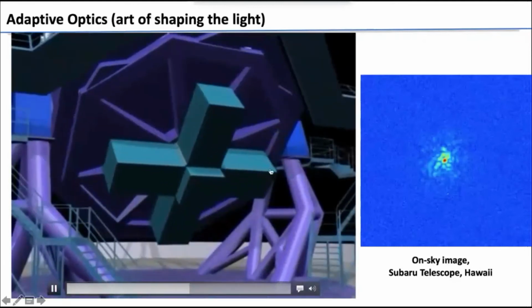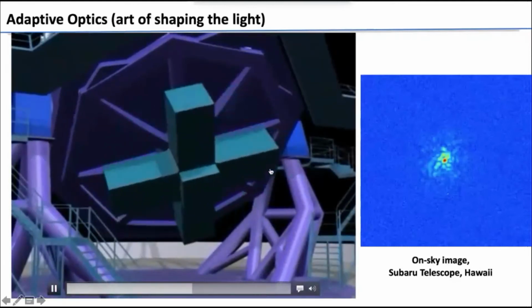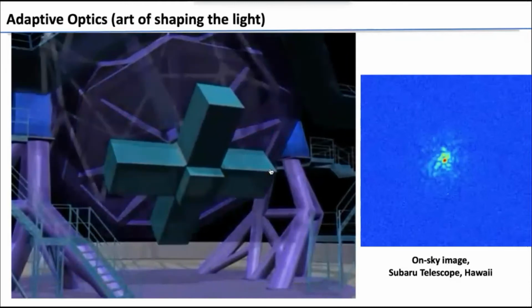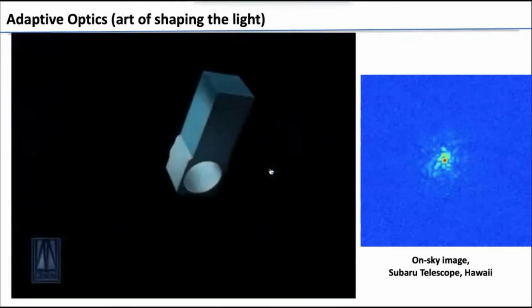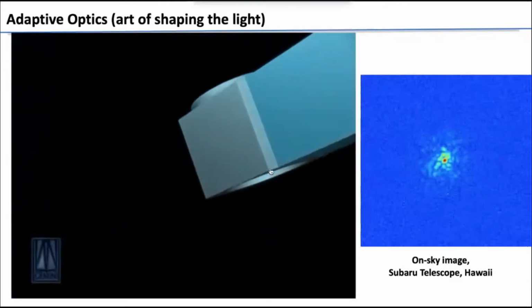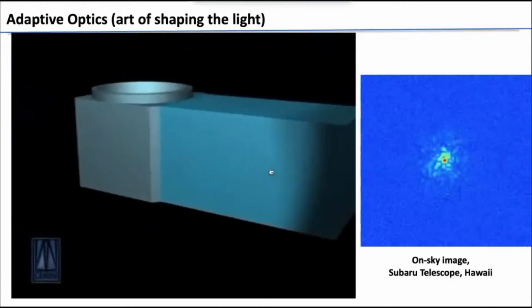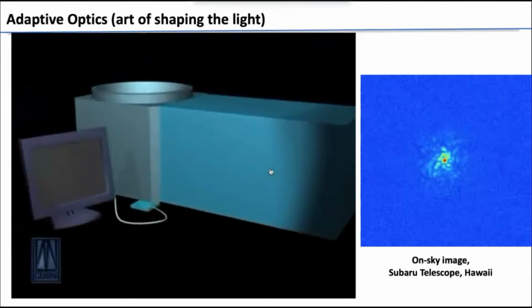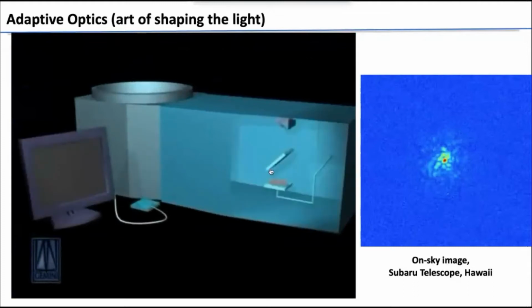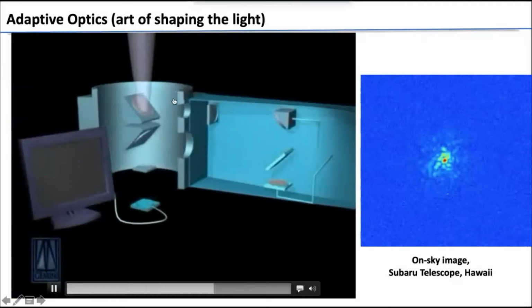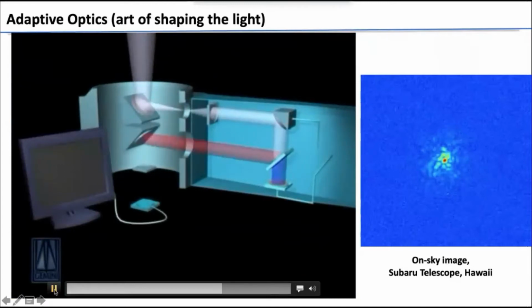What an AO system does, in real time, is study how your plane wavefronts are affected by the Earth's atmosphere, and how much they are affected. Then there are a few elements in the AO system that actually correct those effects. So you have some reflecting mirrors and flat mirrors that reflect the light through to your camera.